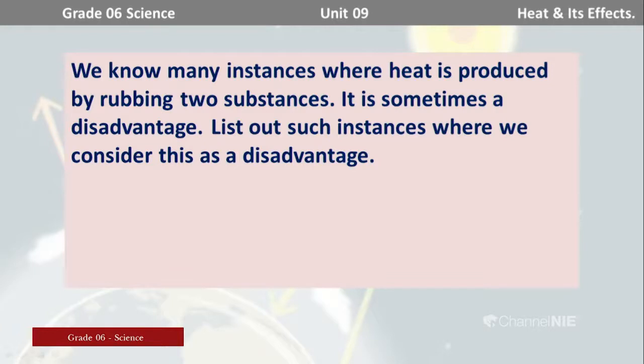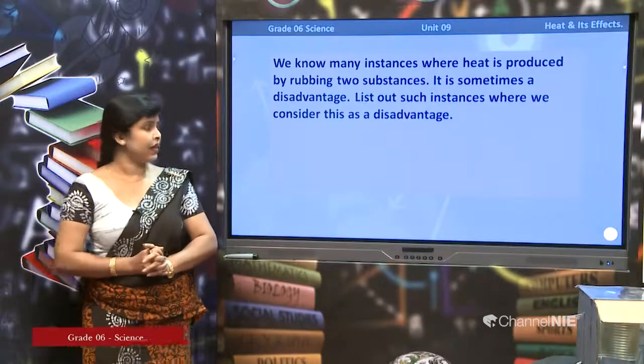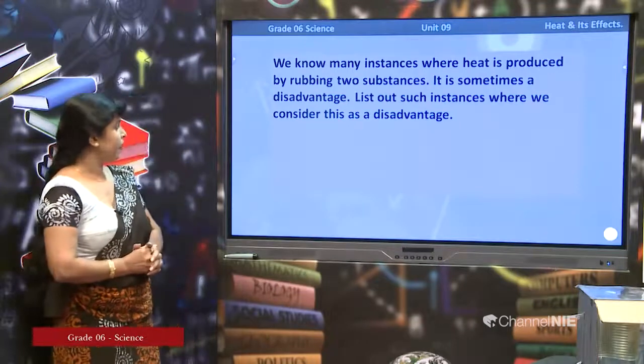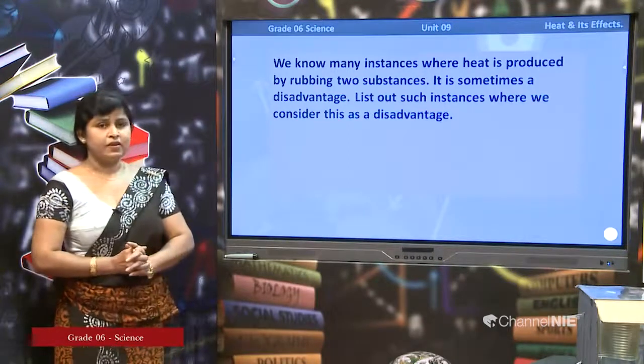List out such instances where we consider this a disadvantage. Sometimes it is advantageous and sometimes it is disadvantageous. Now, let us see the instances where this is found as a disadvantage.